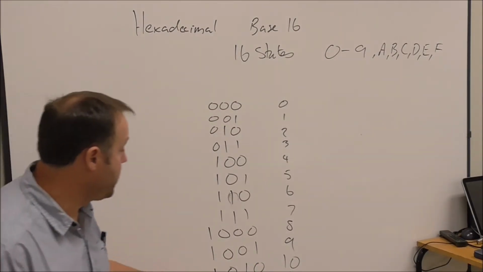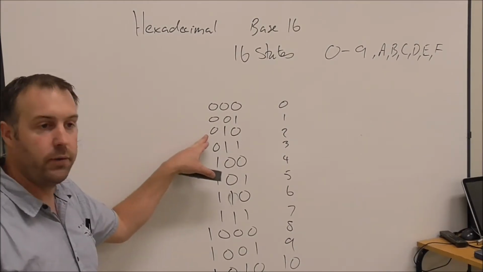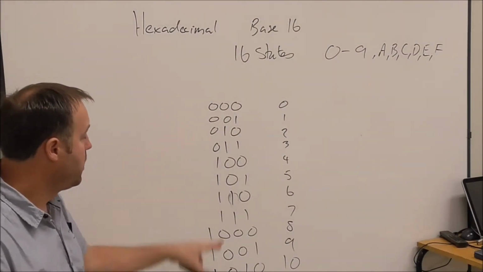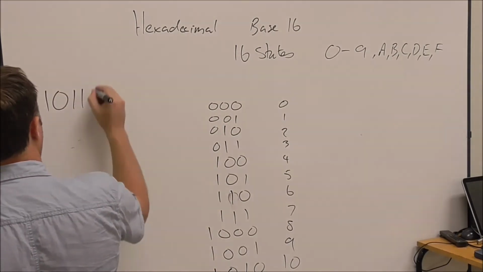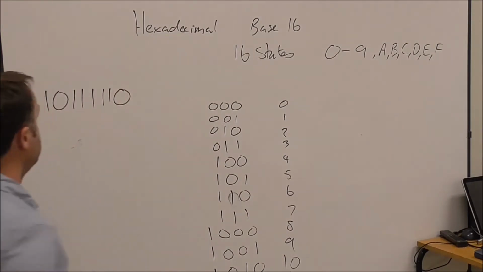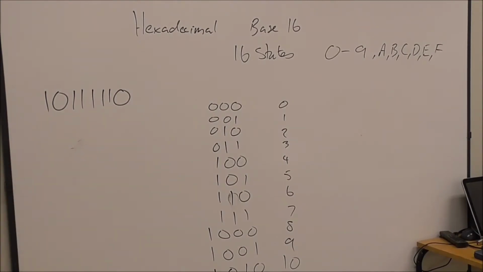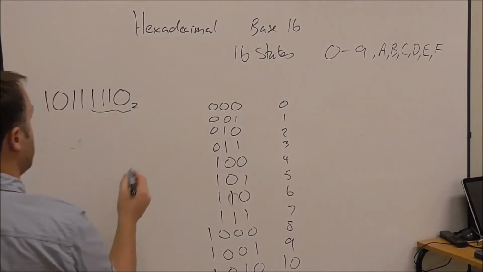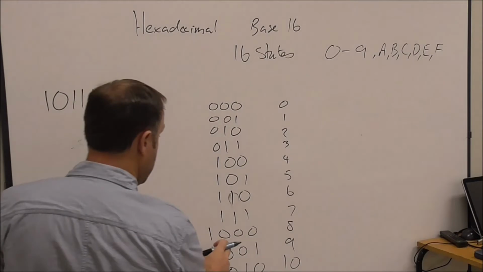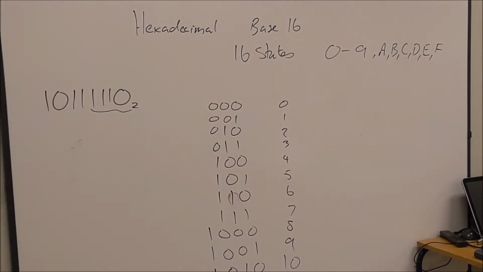Okay, so again, like we did with the octal conversion, we're looking at groups of 3 with octal, groups of 4 with hexadecimal. So if I have this string there, this string of 8 binary digits, all I need to do to convert that into hexadecimal is group the bits in groups of 4. So 1110 corresponds with, well, I don't have it there, but it's actually 14.